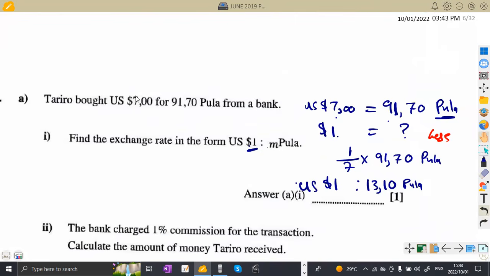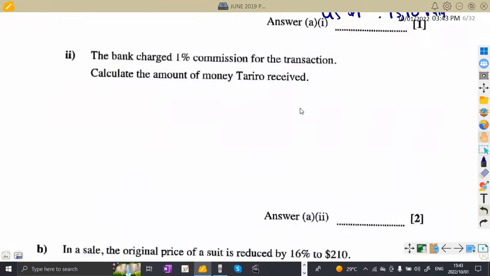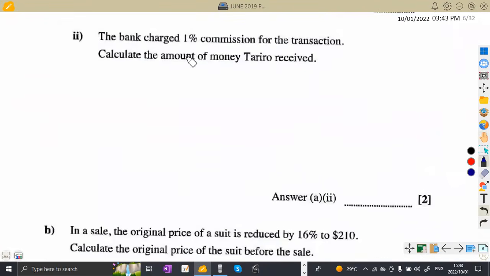Tariro bought $7. So she has US dollars in this case, but she's going to be charged 1% as a commission. So the commission is going to be subtracted from the amount of $7, the one that she has.